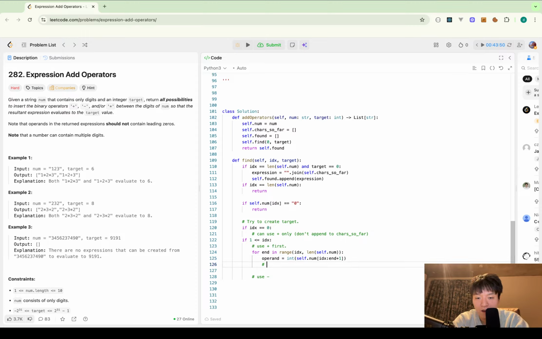And here I have two choices: continue with plus or multiply, or continue with plus or minus.